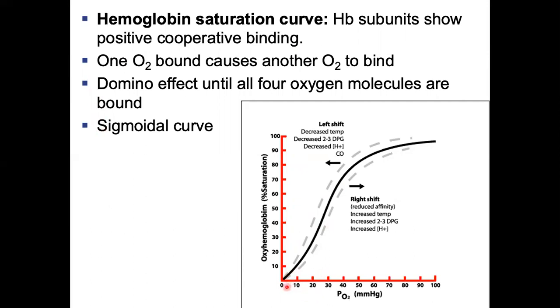Notice this is pressure of oxygen, so it's in millimeters of mercury, right? So PO2, pressure of oxygen in millimeters of mercury. This is oxyhemoglobin, or percent saturation of hemoglobin with oxygen, right? So is the x-axis the dependent or independent variable?